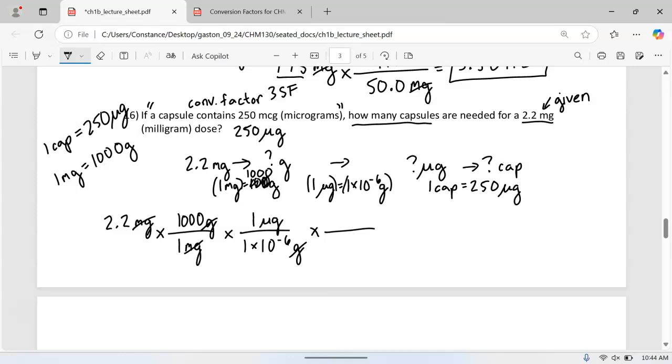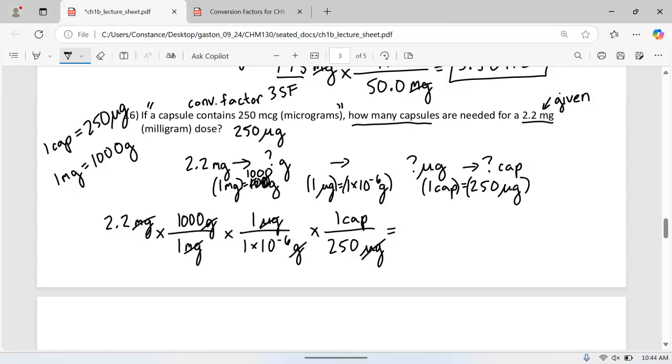And here in my equality, remember, if micrograms are what I'm starting with, I need to put the micrograms on the bottom of my conversion factor. And so from that equality, I'm going to take the 250 micrograms, and then the 1 capsule from the equality is going to go on top. Okay, micrograms cancel, and then I am left with the capsules that I want.